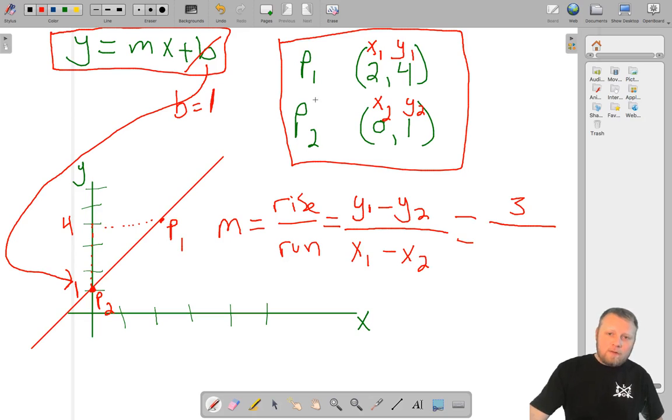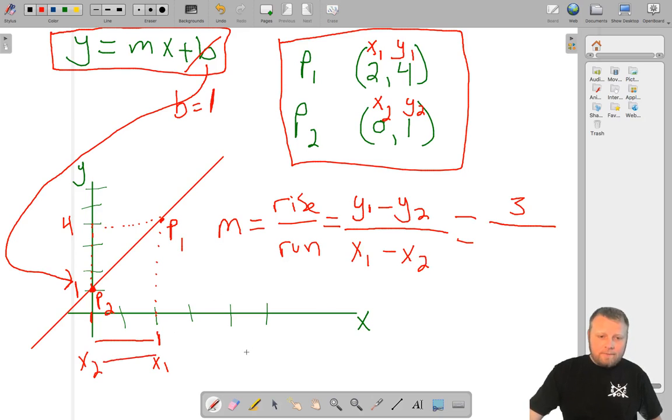So P1 corresponds to x1 right here, this 2 value. 1, 2. See right here? Our x2 value, I know it's confusing because it's a lot of numbers, but our x2 value is 0, which is right here. So what is that distance? It'd be x1, which is right here, minus our x2, which is right here, which will give us the distance.